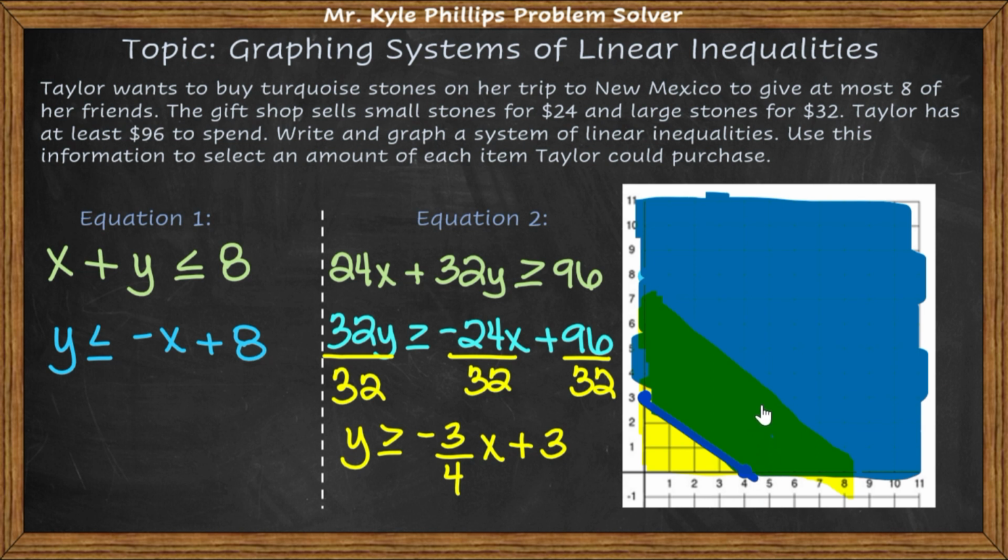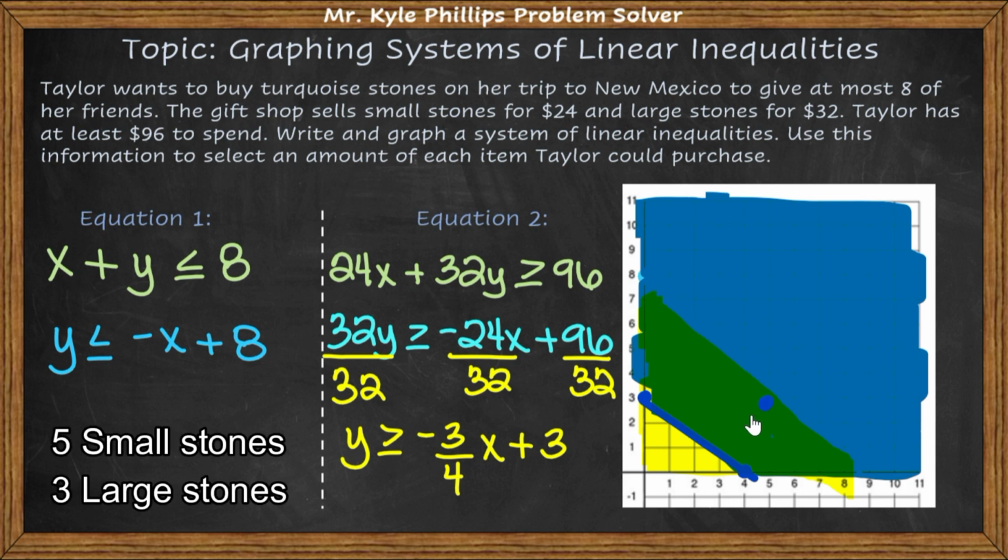So 5, here's 3 right here. I know it's really hard to see in the video, but it's any point that would exist in this green area. So 5 would be the x. So here we said x was the small stone. So I could buy 5 small stones and then I could buy 3 large stones. That is an example of an amount that Taylor could purchase.